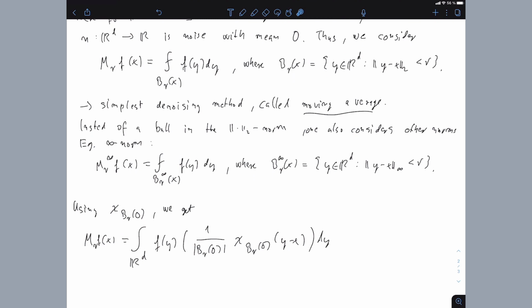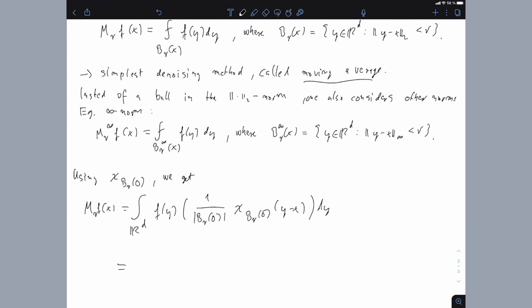And this can now be slightly changed further by change of variables. If I replace y by y minus x, this is f of x plus y. The scaling stays the same. And here we have a y instead of an x minus y.